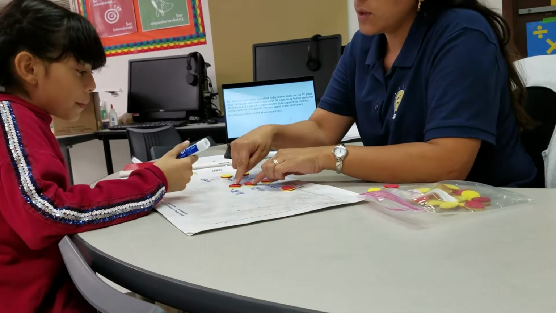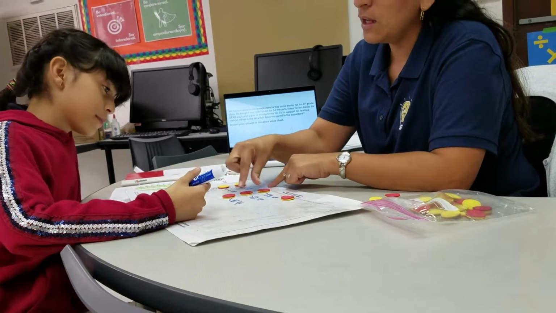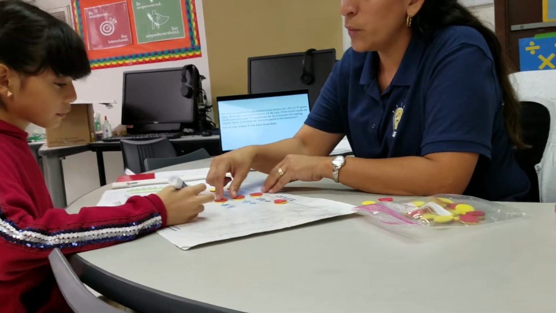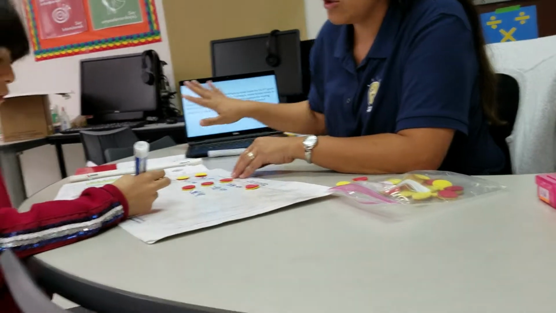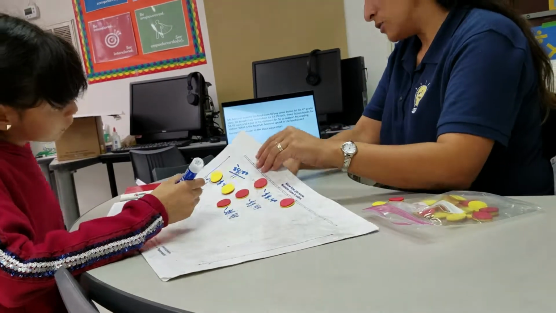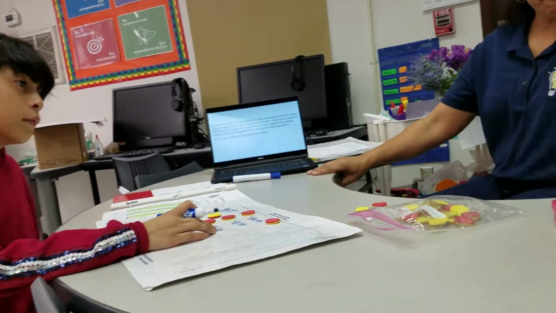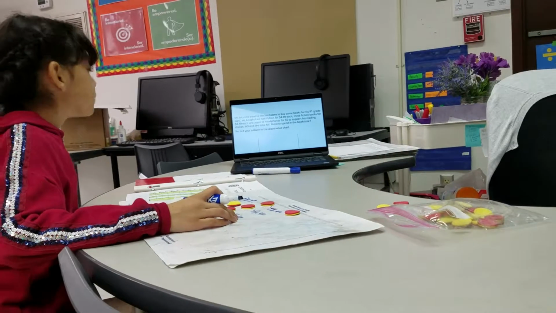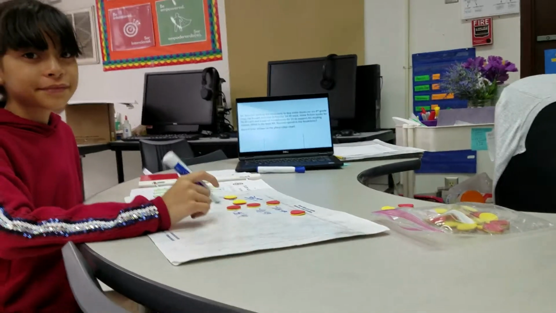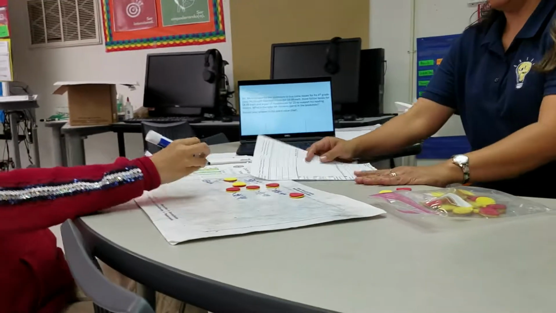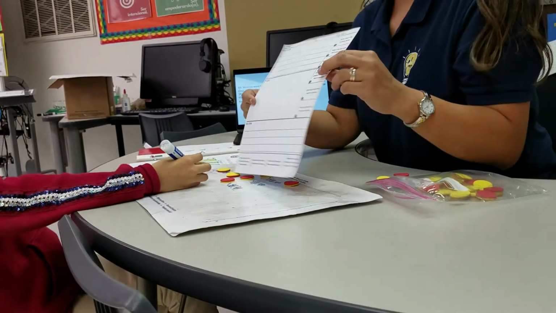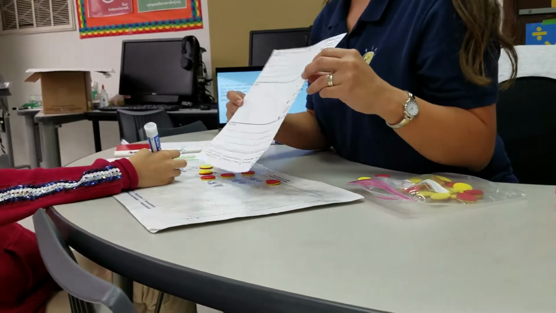Okay, so this is one strategy that I want you to do, drawing, representing your word problem, right? That is why, okay, I need you to work with this document from now on.